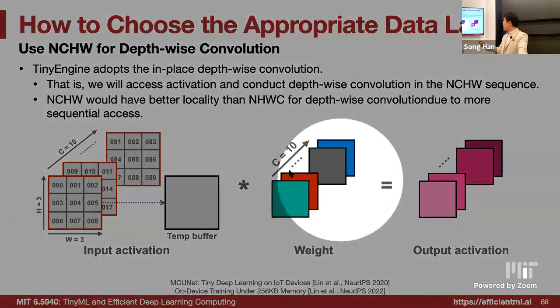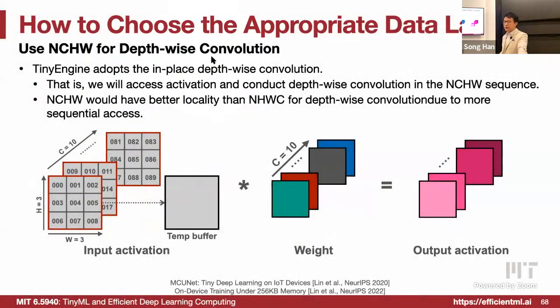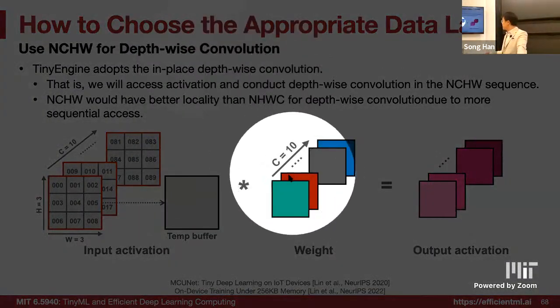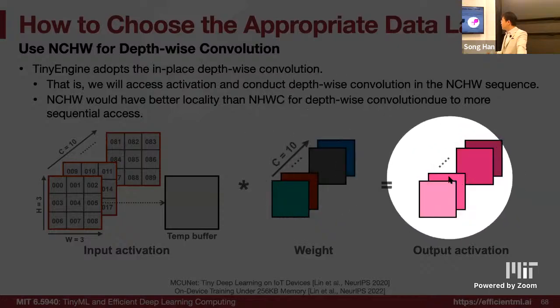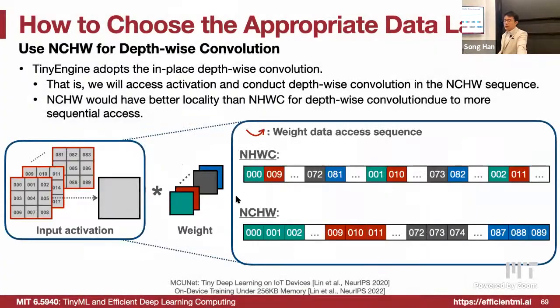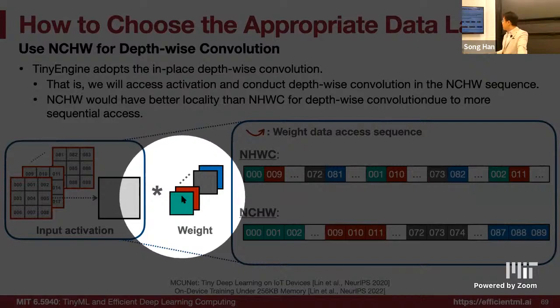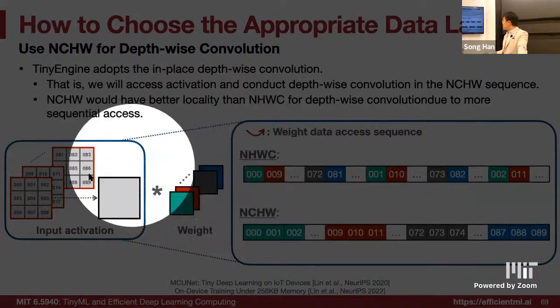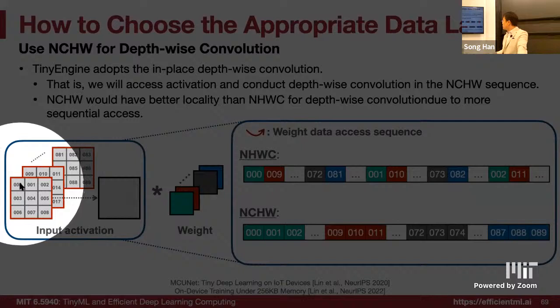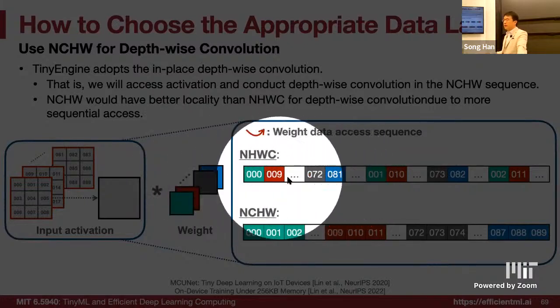But for depthwise convolution, the story becomes totally different, right? So this is the kernel for the weights. We have 10 channels, and this is the output activation. We have a temporary buffer. We first come up with the green channel. If we use NHWC, with the C channel in the inner dimension, we have 0, 9, 18, all the way to 81, and they are not continuous for the green channel.